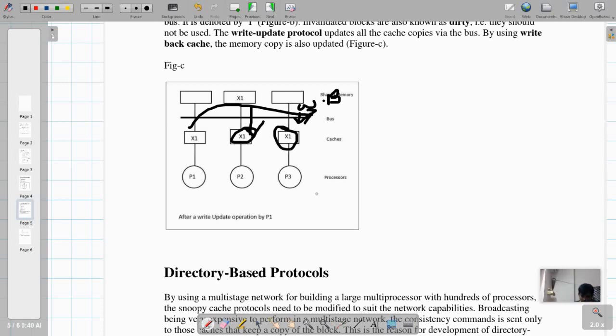Now just think of the problem which might arise due to this Snoopy bus protocol in terms of bandwidth requirement in this shared bus or in your interconnection network. Just pause the video here and think about it.